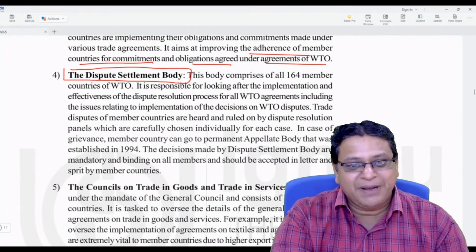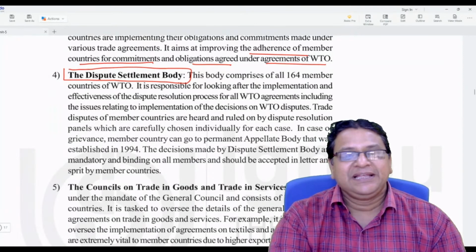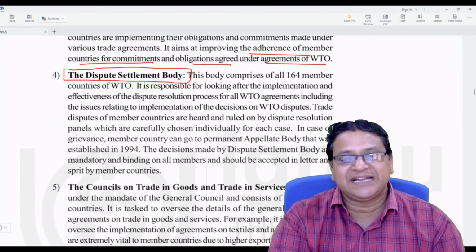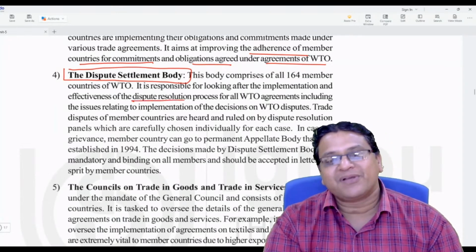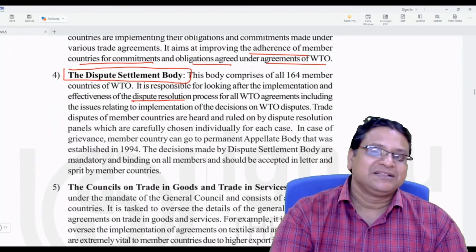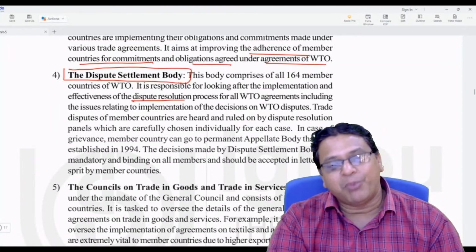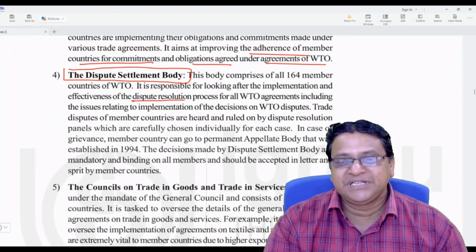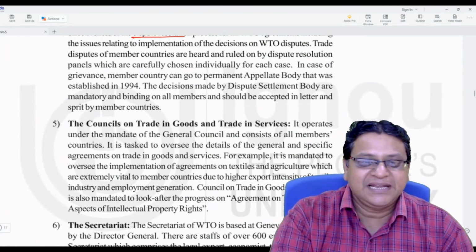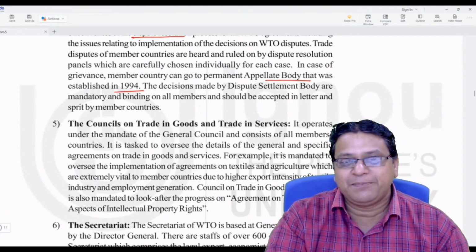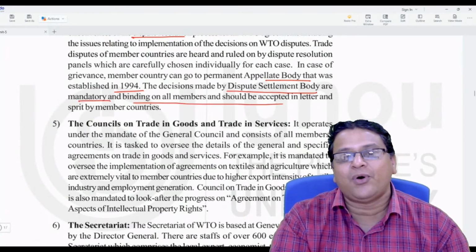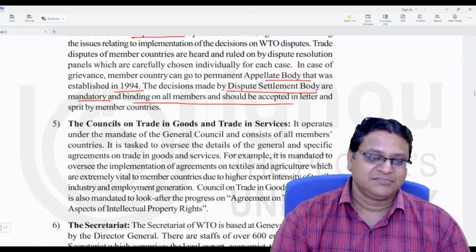The dispute settlement body settles trade-related disputes between member countries. If there is a dispute between member countries, they will approach the dispute settlement body, and there is the appellate body, established in 1994. The decisions made by the dispute settlement body are mandatory and binding on all member countries.